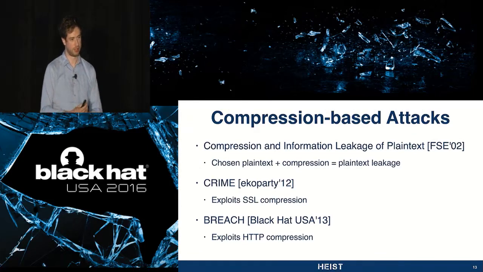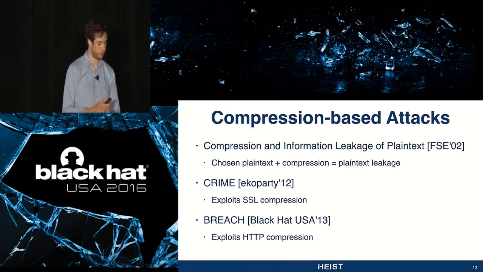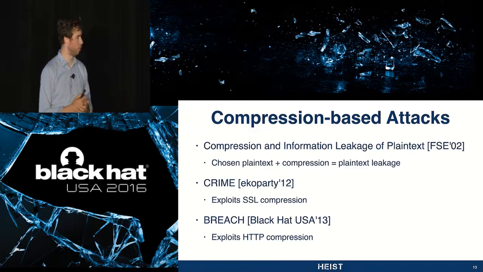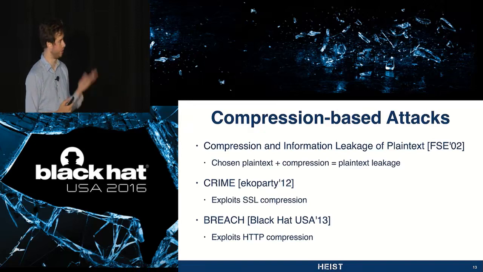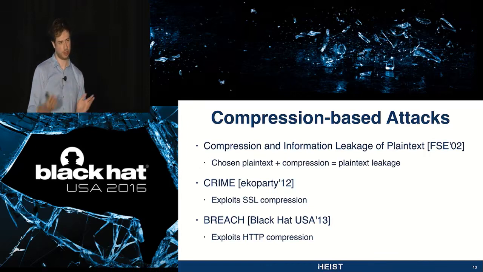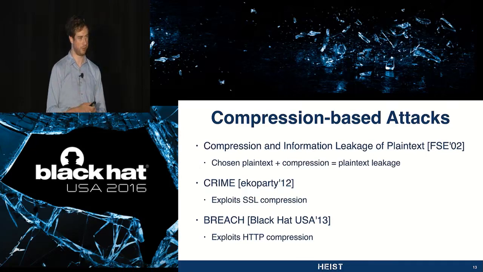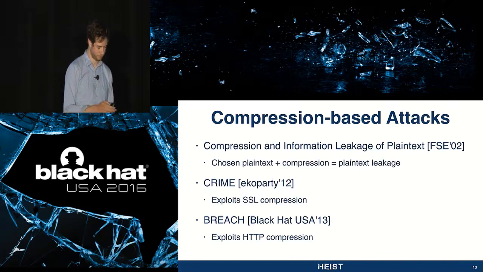But these attacks became much more popular and well known when the CRIME and BREACH attacks were introduced, in 2012 and 2013. CRIME exploits the compression on the SSL level, whereas BREACH exploits it at the HTTP level, so with gzip compression, as I just showed.